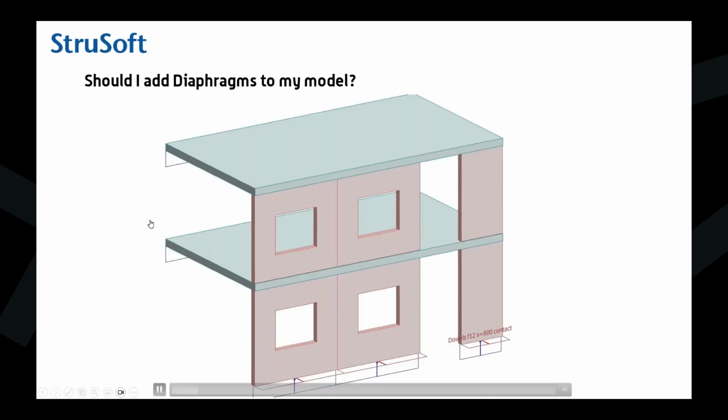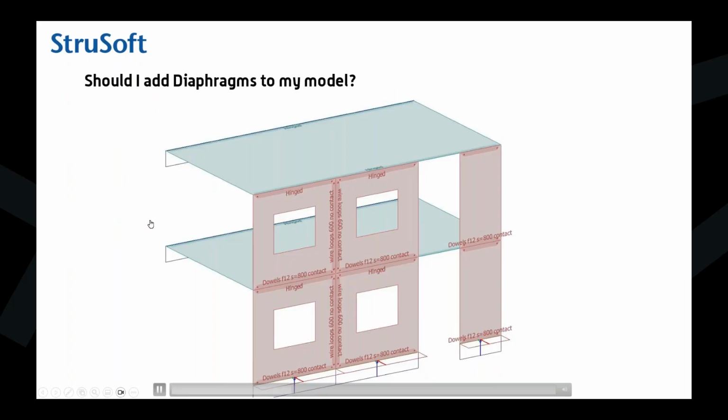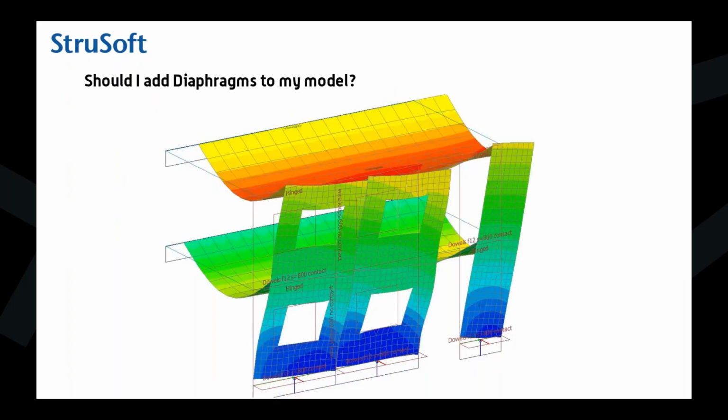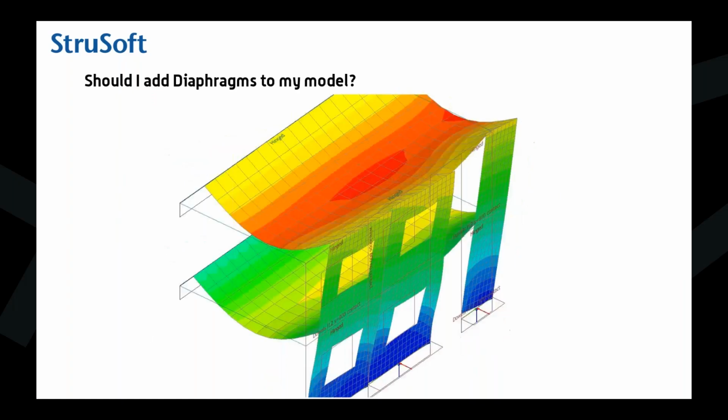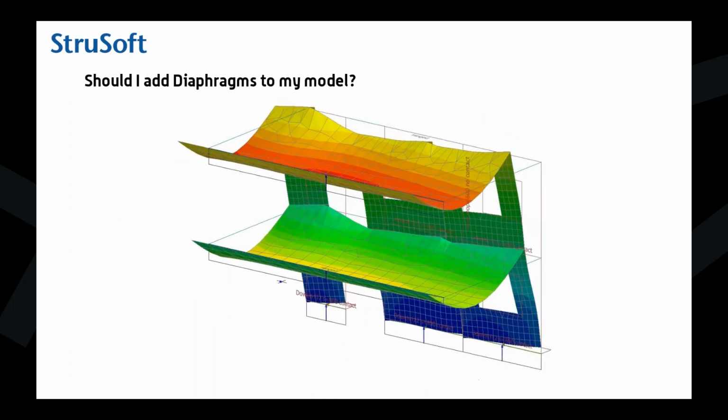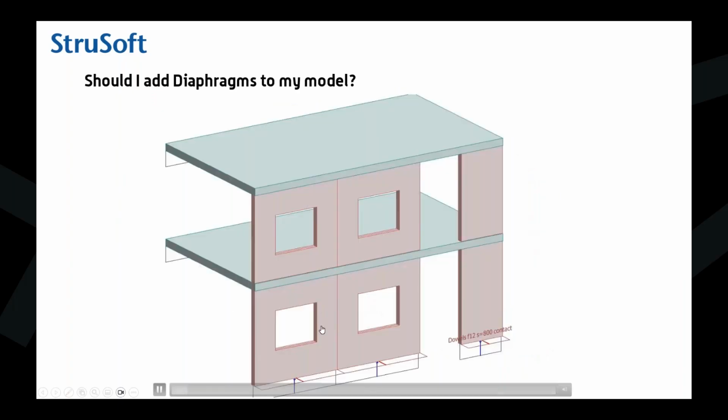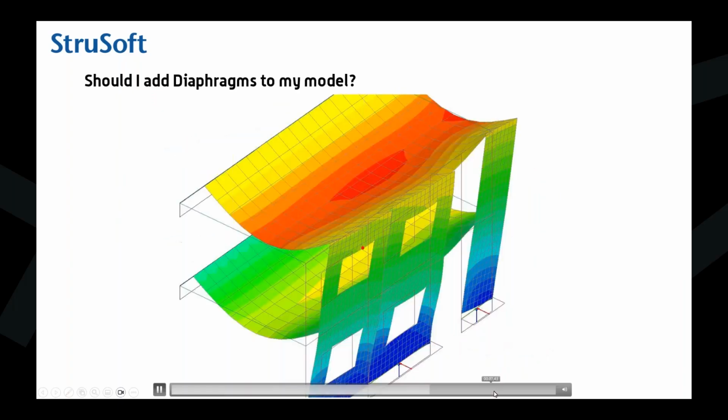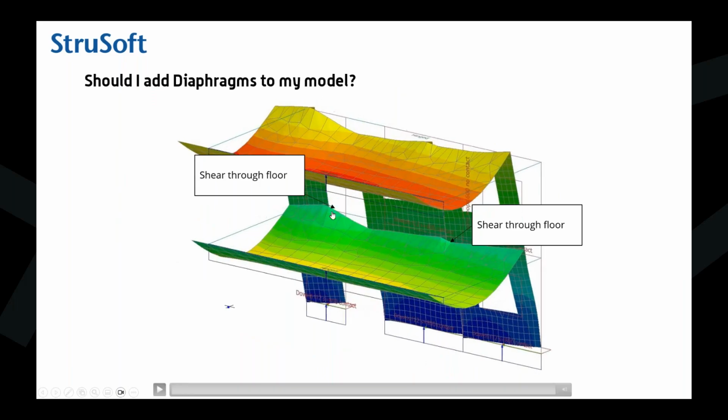So the question is, should you apply the diaphragms to your model? In this case, if you look at this model, the walls are sliding with each other, and you can see that also some forces are flowing through the floor, in this area and this area.